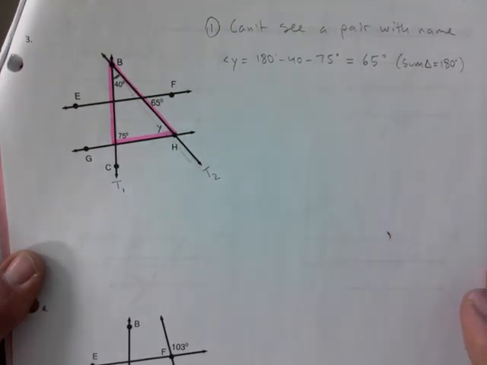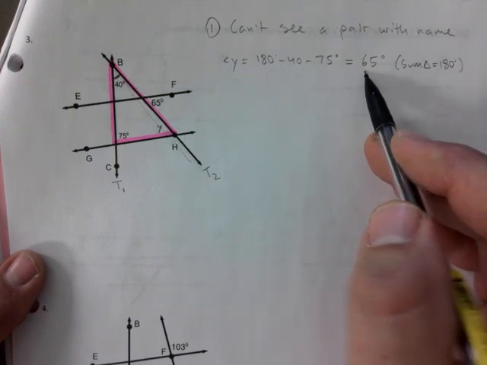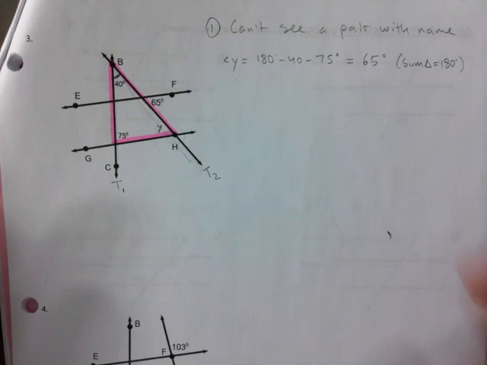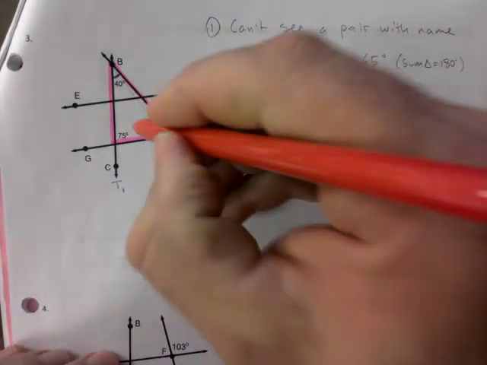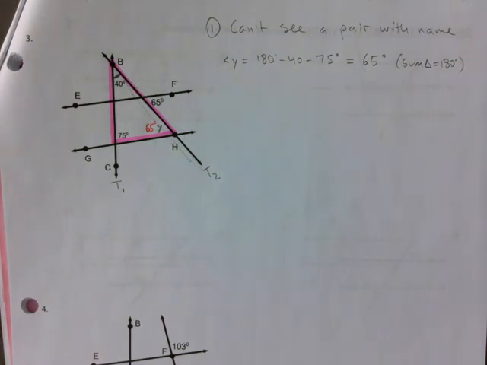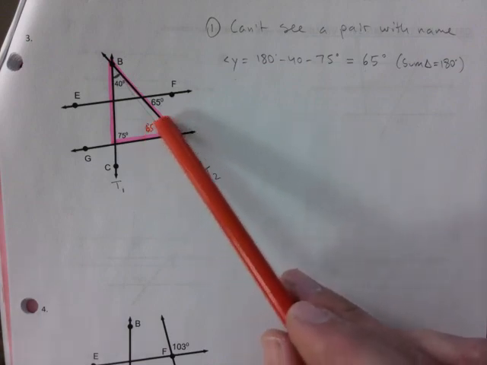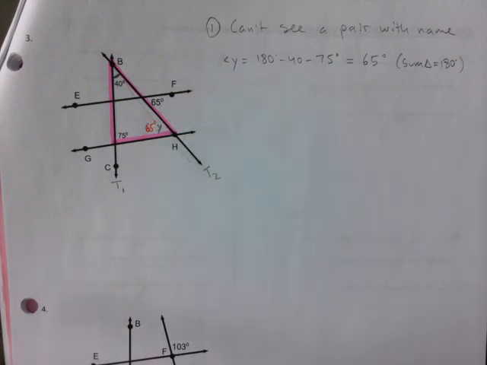We use the sum of 180 rule to come up with the 65 right here. And if you'd like, you can write that in now. As long as you show me some trail of work, if you had put the 65 in there and an arrow saying sum of triangles 180, that's how I found that, I'm fine with that.